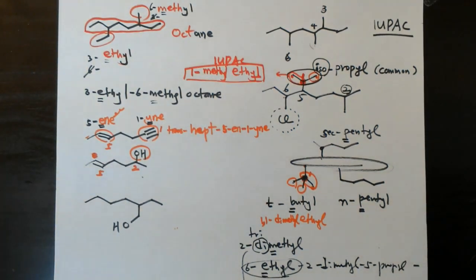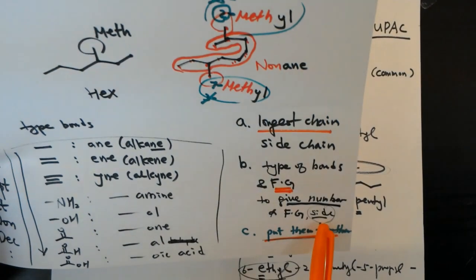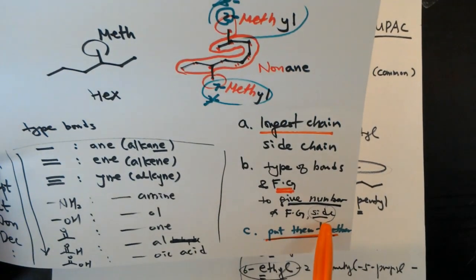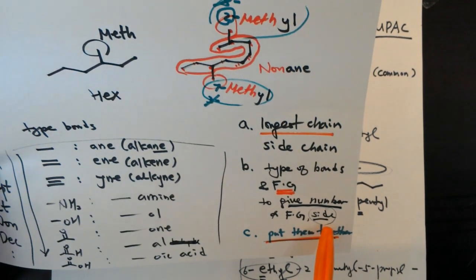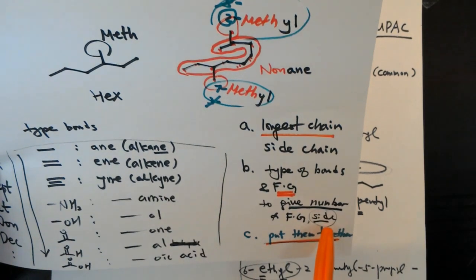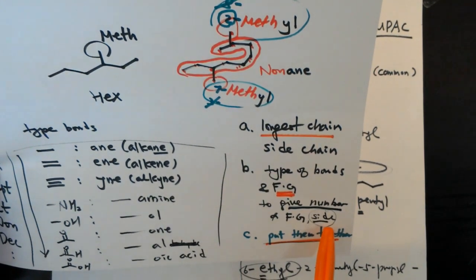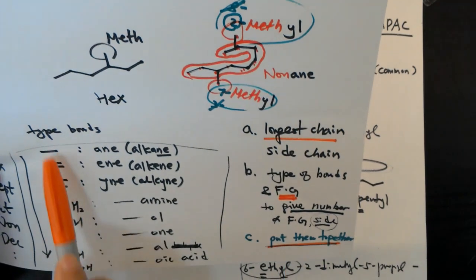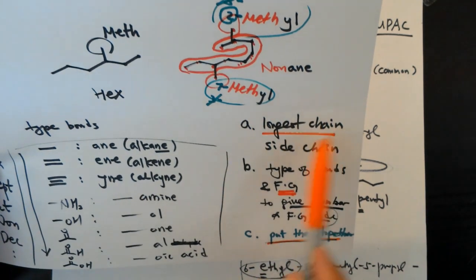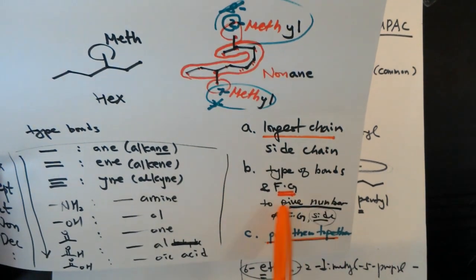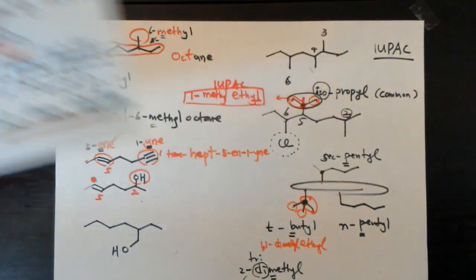So again, among the functional groups, you give the lower number to the higher priority. Remember, for the side chain, you give the lower number possible. But if there's a tie, then you give the lower number to the one that is alphabetically first. For the functional group, there's a priority. So because of that, the numbering changes, because functional group is more important than side chain.